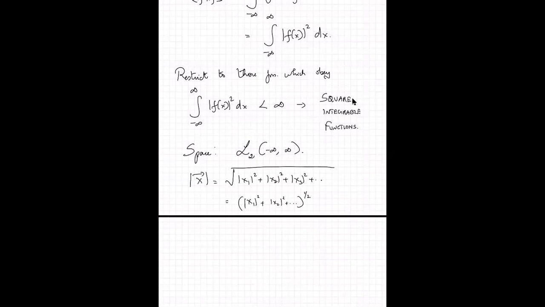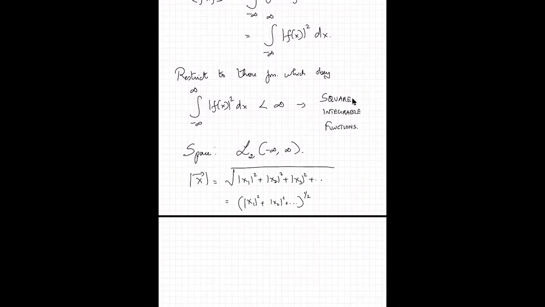I'm taking the square of each individual component and then taking the square root of the entire sum. This is where the 2 comes from, because of the square and the 1/2 factor over here.